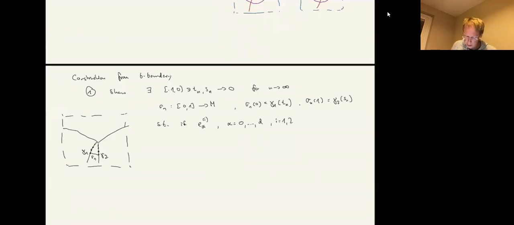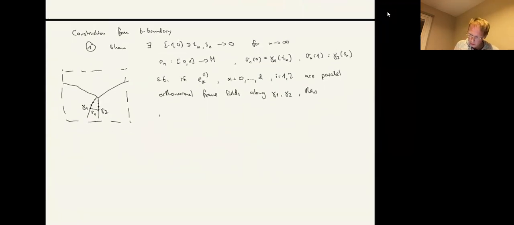These E_alpha are parallel orthonormal frame fields along gamma 1 and gamma 2. Then the following two conditions hold. The first one is that the generalized affine parameter length with respect to the frame E_alpha^1 of sigma_n goes to 0 for n to infinity.